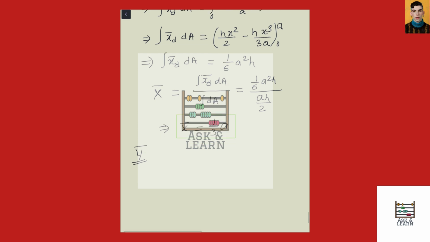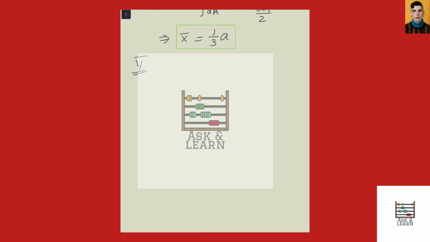Okay, so now we will solve for the y bar. Y bar is the centroid along the y-axis. So from the geometry, yd will be equal to (h plus y) divided by 2, and by putting the value of y from equation 1, I can write (h plus h by a multiplied by x) divided by 2.